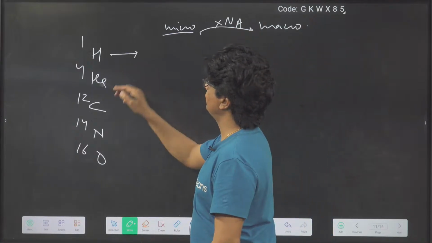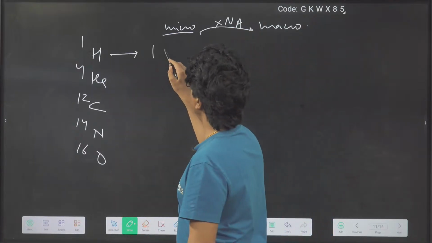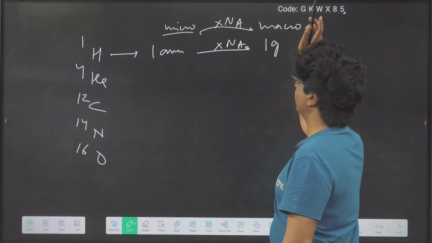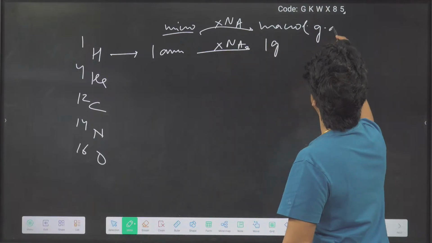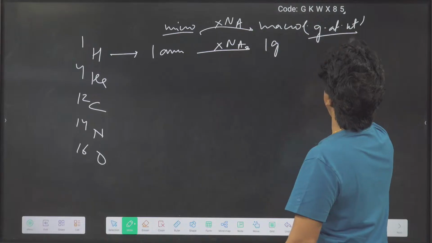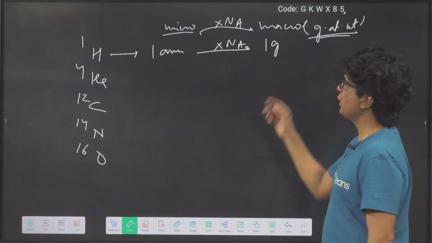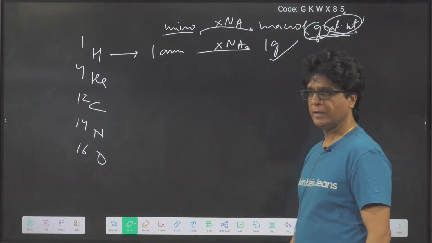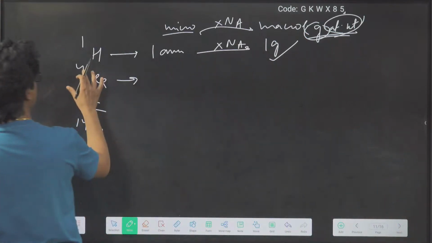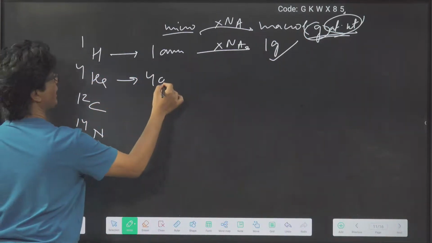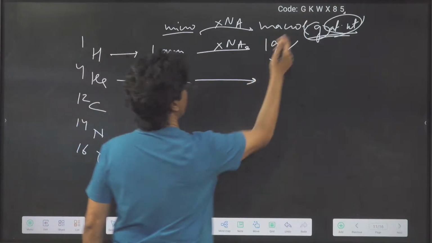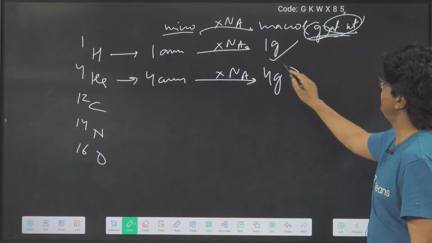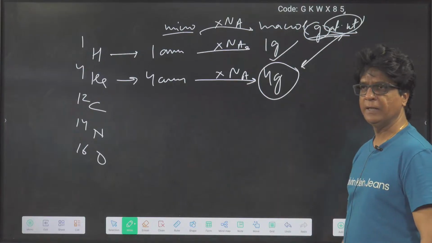The weight of a hydrogen atom is 1 AMU. When you multiply by Na, you get 1 gram, and this is called gram atomic weight. Atomic weight expressed in terms of gram. If I take helium, it will be 4 AMU, and to go to the macroscopic world, multiply by Na and you get 4 gram. This is the gram atomic weight of helium.